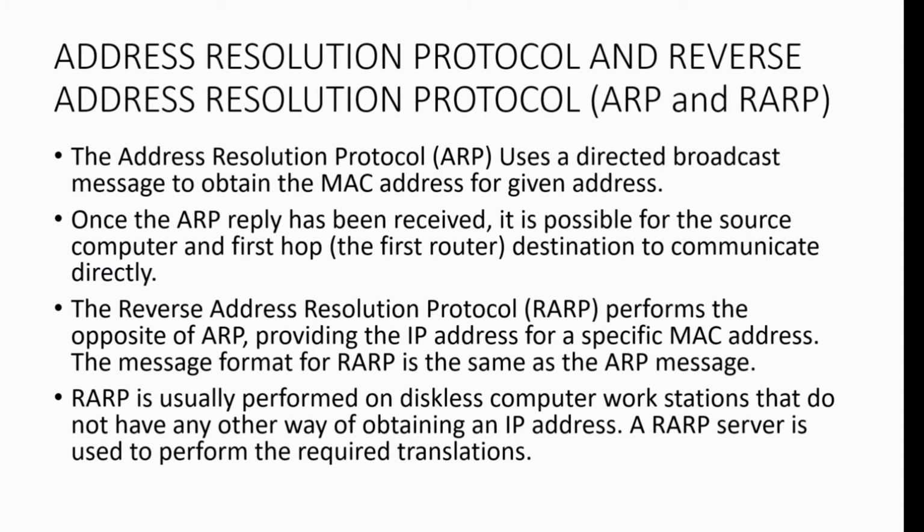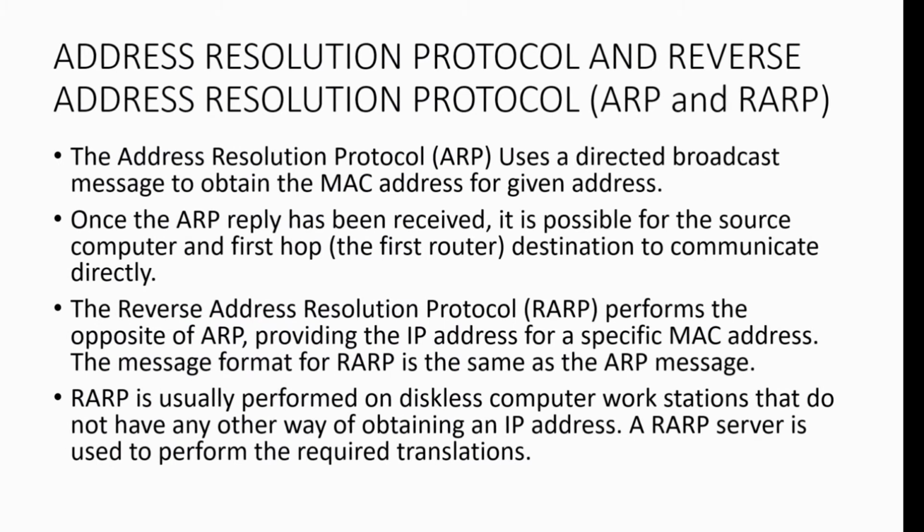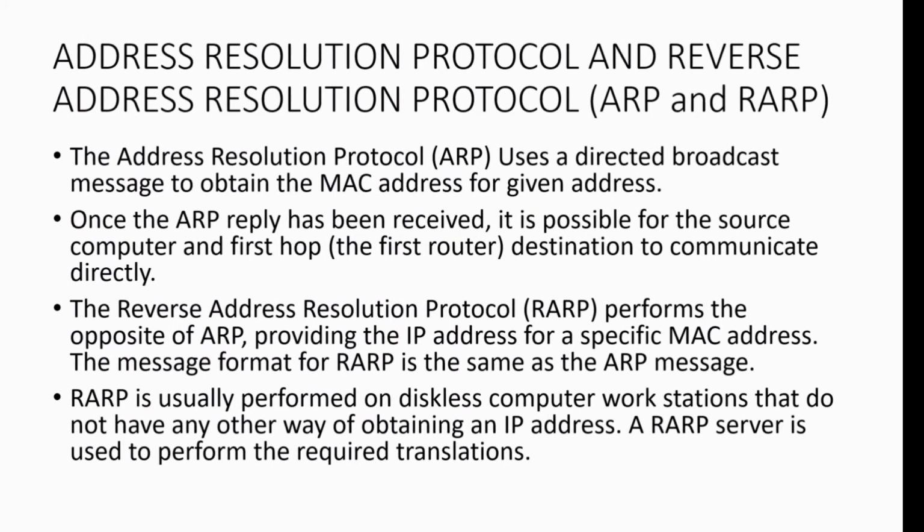RARP is usually performed on diskless computer workstations that do not have any other way of obtaining an IP address. A RARP server is used to perform the required translation. Note that ARP is not a routable protocol and can only be used to locate machines on a local network.